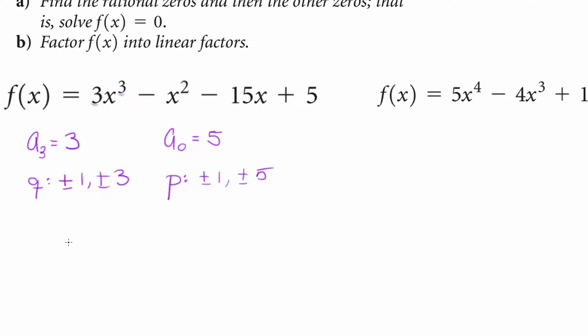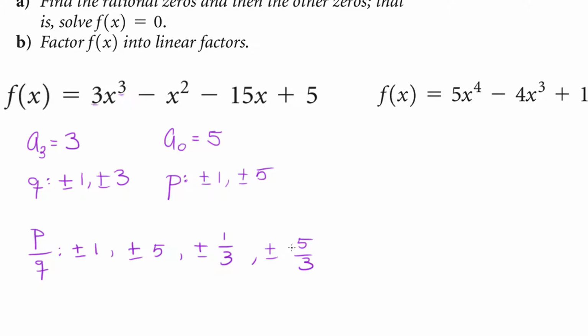Then the theorem states that we need to have P divided by Q. Therefore, we're going to take each element of P and divide it by each element of Q. So for example, plus or minus 1 divided by plus or minus 1 is just plus or minus 1. Plus or minus 5 divided by plus or minus 1 is just plus or minus 5. And then plus or minus 1 divided by plus or minus 3 is plus or minus 1/3. And then plus or minus 5 divided by plus or minus 3 is plus or minus 5/3.